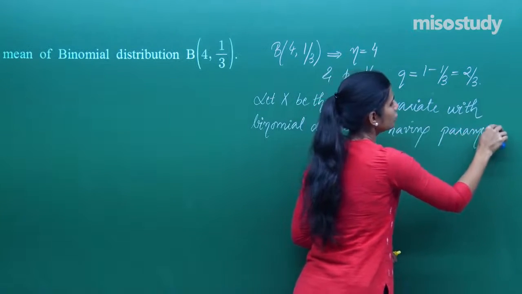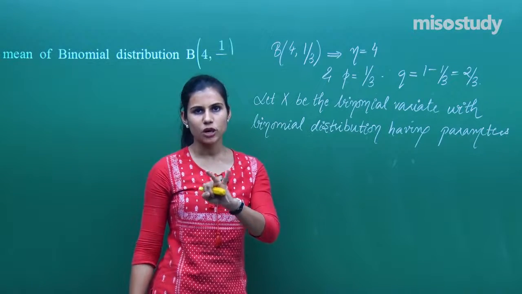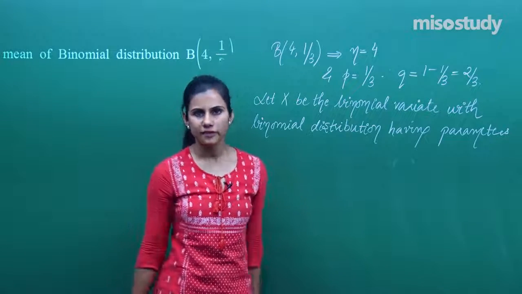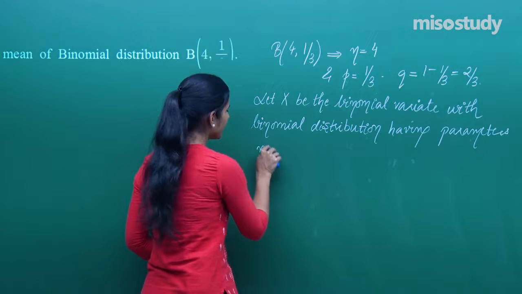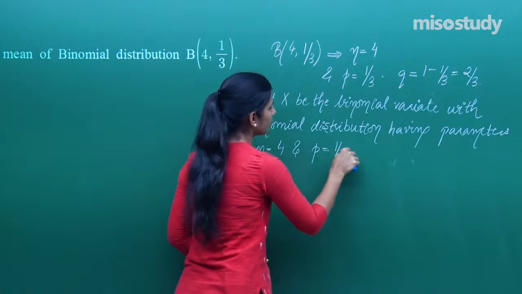Now the parameters, you all know, we've discussed it a lot in the theory lecture. There are just two parameters to be taken into account which give you the entire information about binomial distribution and then further anything that you require. Parameters are n and p. N is 4 and p is 1 by 3.